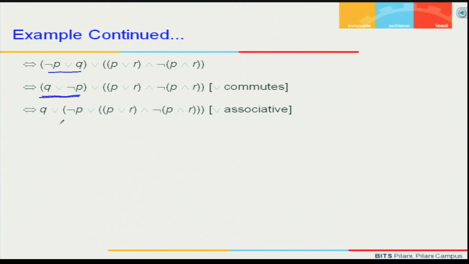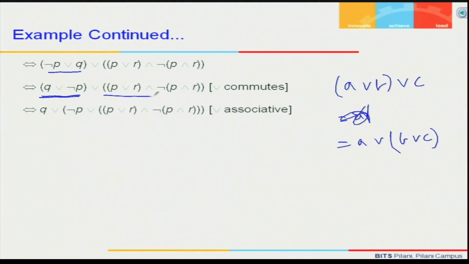And because of the associative law, this is something like A or B or C. Similarly, Q or not P or this whole expression is equivalent to Q or not P or this. This is just an associative law application here.